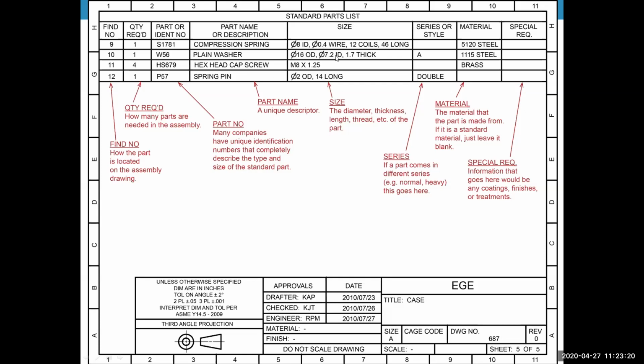Description, size, series or style if it has that kind of information, and the material it's made from. Anything and everything that you can put in here to assure that purchasing people get the parts that you want.